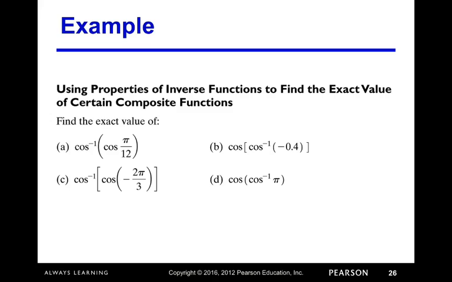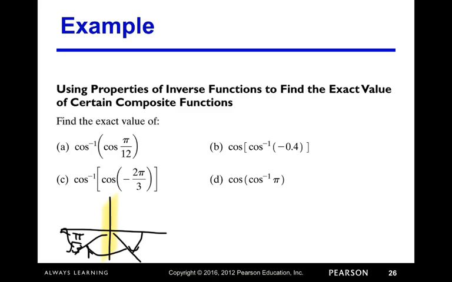Well, it is not. We'd have to draw our circle: this is negative pi over 3, this is negative 2 pi over 3. Our reference angle here is pi over 3, but it's not pi over 3 that's in the first or second quadrant.